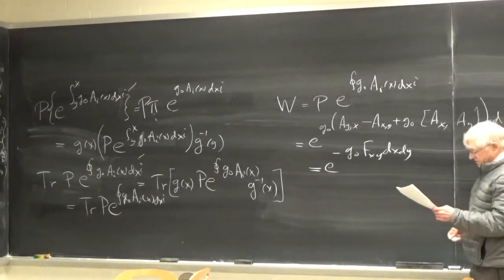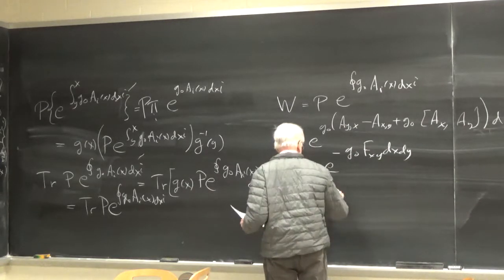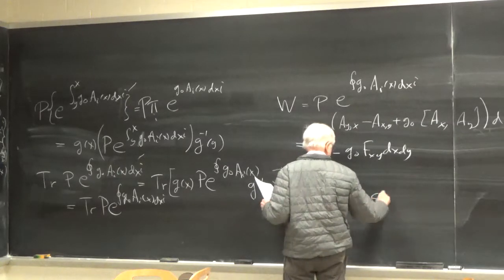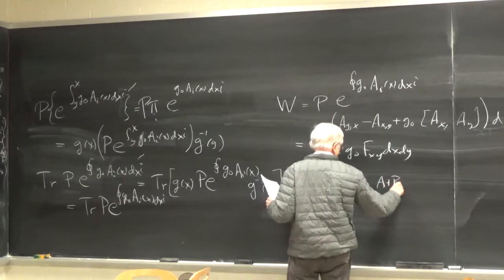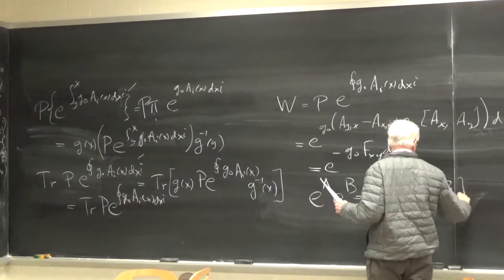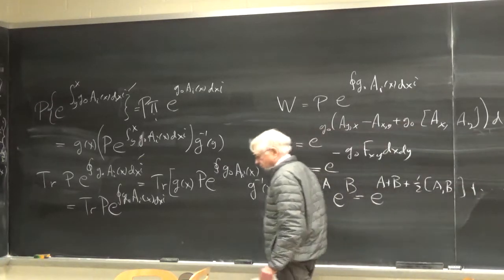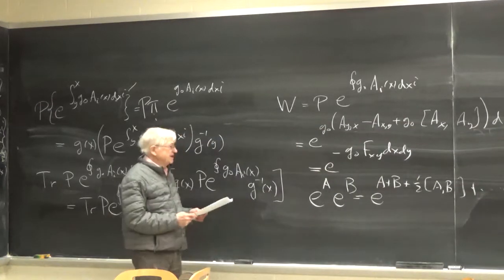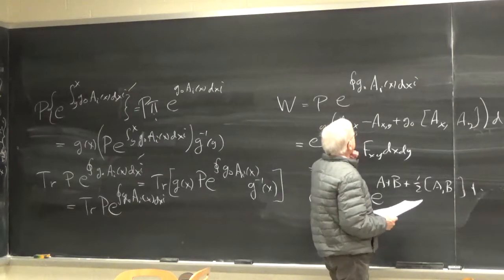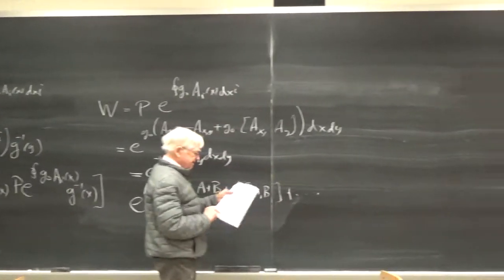And so I did this using this approximation. There are other terms, but they're third order and fourth order in A and B. And since we have A multiplied by dx, that's already an infinitesimal.